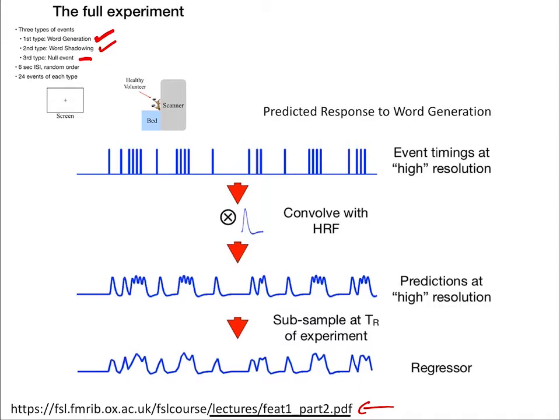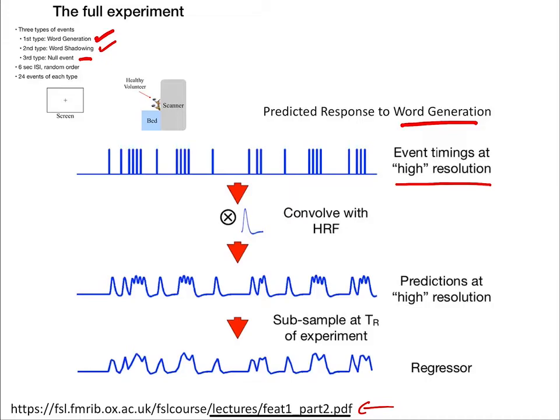So let's look at what we're going to do. The first thing that we're going to do in any software is tell the software the timings of each event. For example, for the word generation, let's say the event timings were represented by these bars. Everywhere there's a bar, I showed a picture of the word generation.